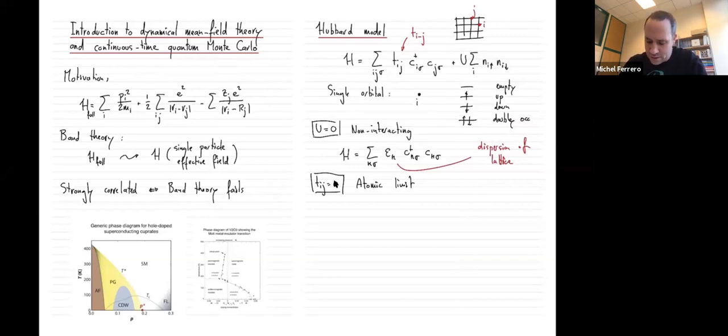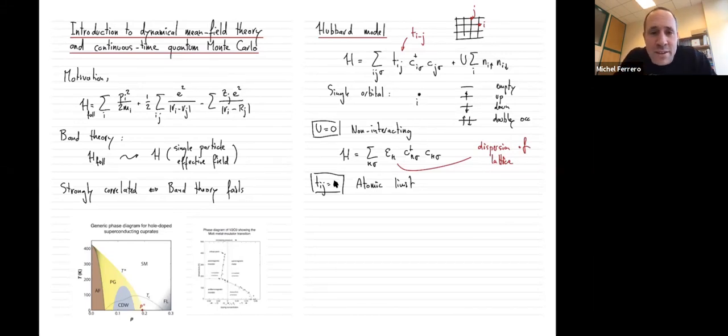DMFT, or the Hubbard model, has been used a lot to try to describe strongly correlated materials, but also in a realistic context in which you actually try to put realistic numbers on those parameters. Even though here I'm describing the single band, single orbital case, for realistic materials in general you want to go to the multi-orbital Hubbard model generalization of this.